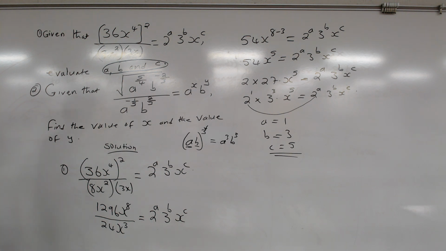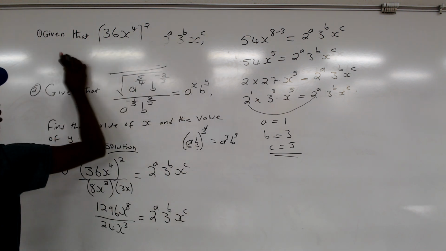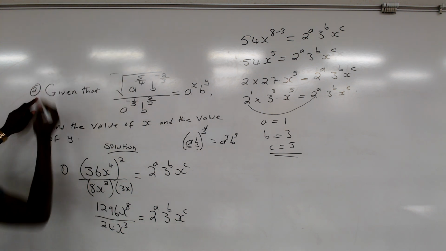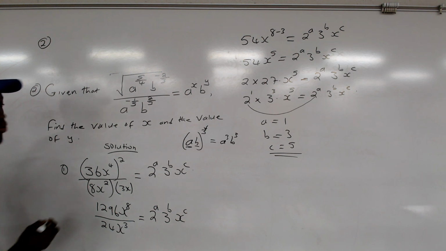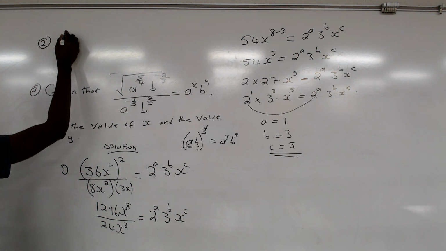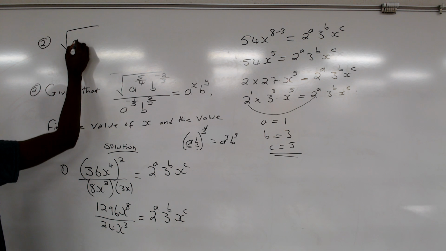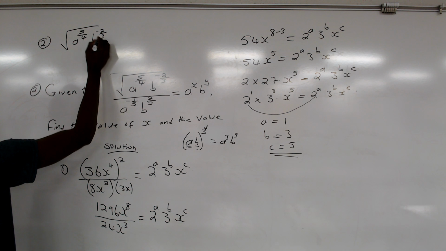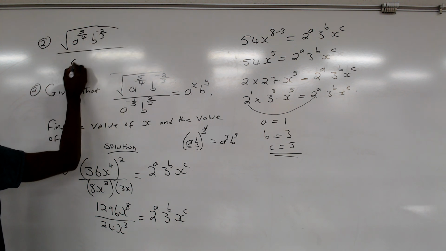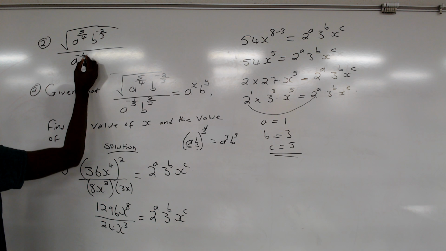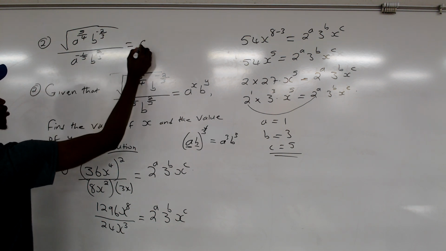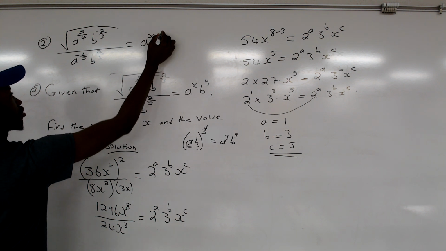Having done the first part, we also consider the second part of the question. Let's rewrite it. We are given the square root of a raised to the power 5 over 4 and b raised to the power minus 2 over 3, divided by a raised to the power minus 1 over 5 and b raised to the power 2 over 3, all equals a raised to the power x and b raised to the power y.